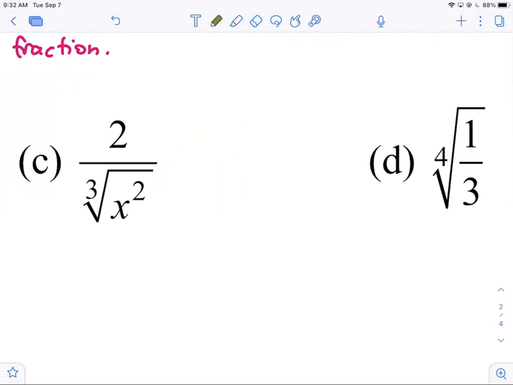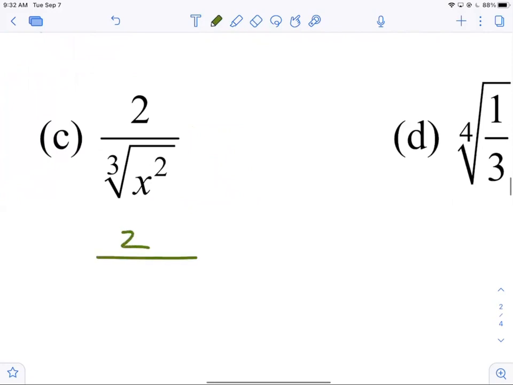So here's what I want to do. Would it be cubed root x to the 4th power then? Not necessarily. Write it in fractional exponent form. Okay? The cube root of x squared we know is x to the 2/3.